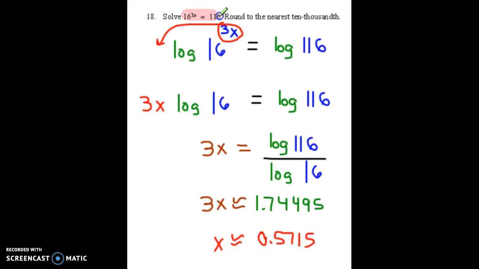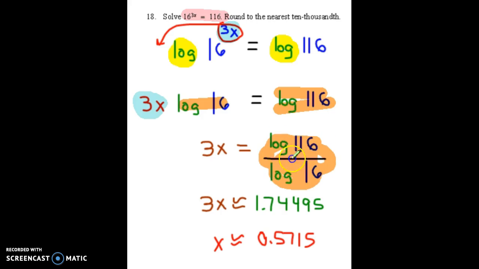In problem 16, I'm going to solve 16 to 3x equals 116. I cannot make those into the same base, so I'm going to take the common log on both sides. So I could use my log property and bring 3x out of the exponent. So now I have 3x. I want to get x by itself, so I am going to divide both sides by the common log of 16.